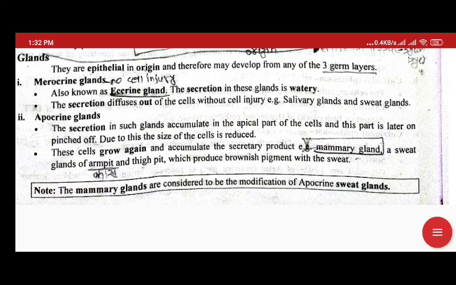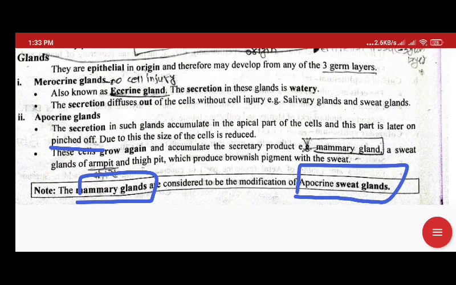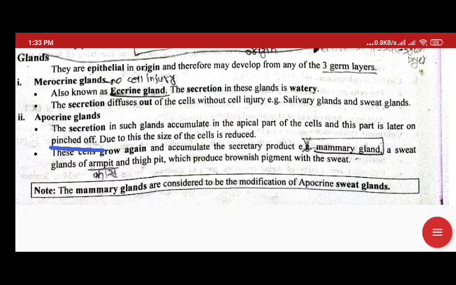Here is apocrine gland, where the tip gets destroyed, pinched off. Also here, mammary gland is a modified apocrine sweat gland. So mammary gland is a modification of sweat gland.